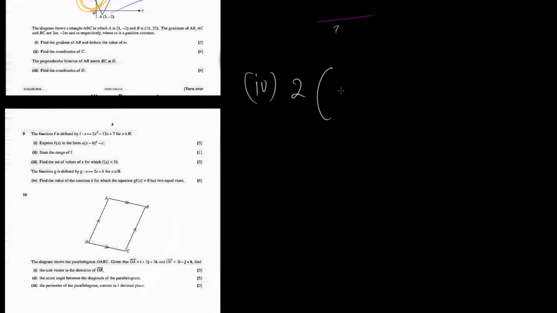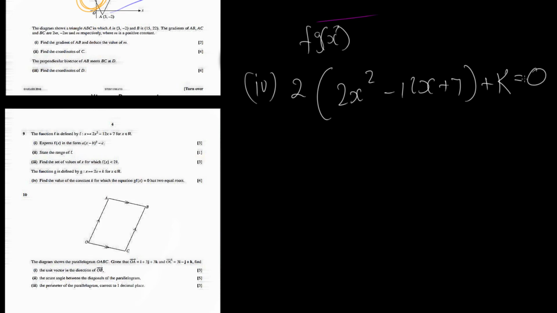If I make the composite function, I will have something like this. All I am doing is simply inserting my g into my f. So f of g of x, all I'm doing is taking my g function and inserting it into my f function, and that's it, is equal to 0.